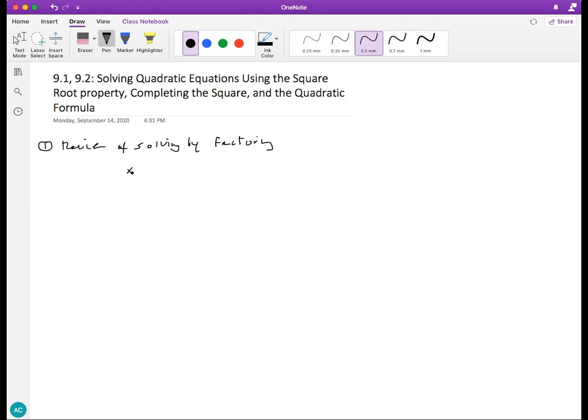As we saw before, we have something like this. So let's consider this equation here, which is a quadratic equation. What exactly makes it quadratic and not some other type of equation?